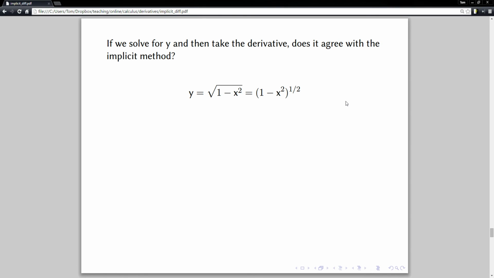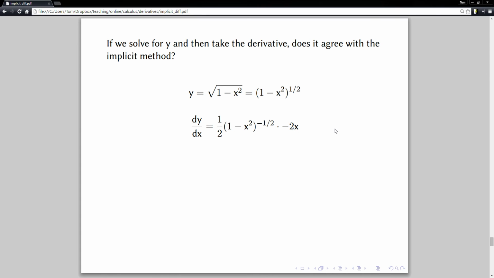Let's take its derivative now that we have it written explicitly. The derivative is going to be a chain rule problem. So I'd bring the 1/2 down and subtract 1 from this power, using the power rule to take the derivative of the outside. Step 2 of the chain rule, I will leave the inside part alone. In step 3 of the chain rule, I will multiply by the derivative of the inside part.